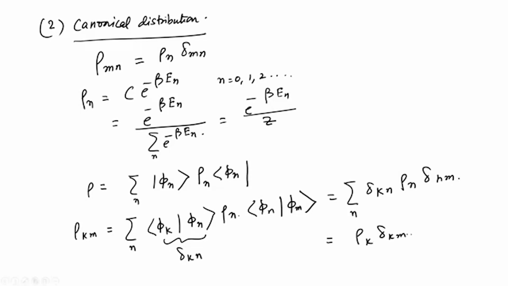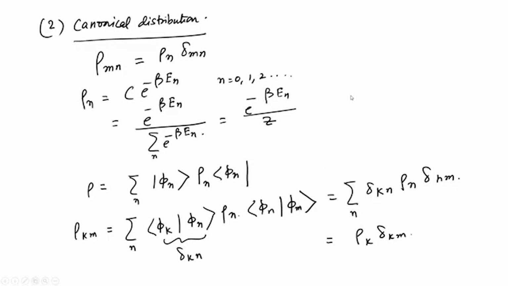Okay. Now, this is fine. So, this is the canonical distribution density matrix, and this only tells you what the matrix element is.